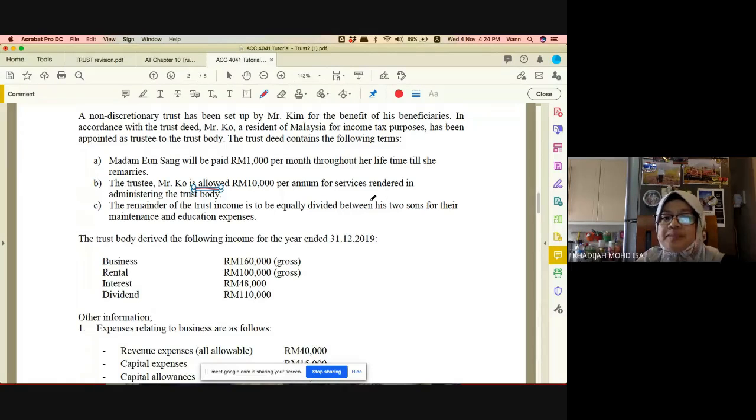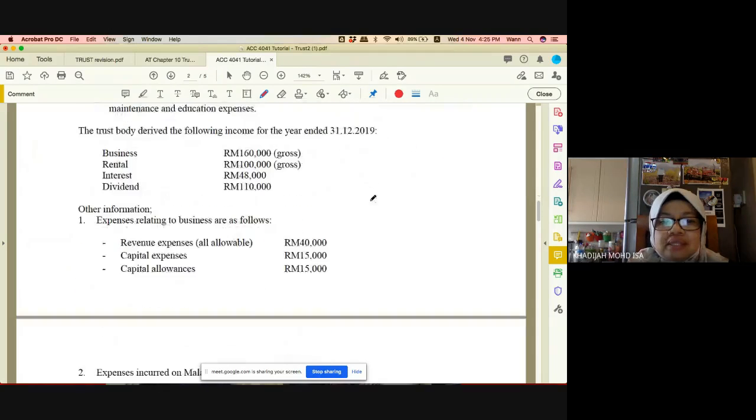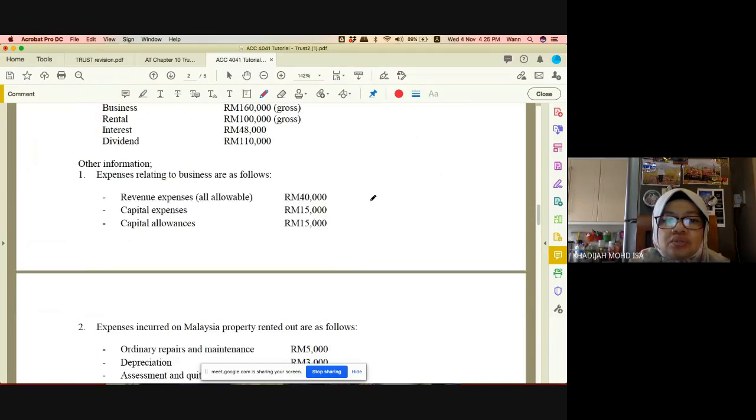Mr. Ko can receive 10,000 ringgit per annum for his services, but that amount is not allowed to be deducted in arriving at your total income based on the Income Tax Act. The remainder will be equally divided between two sons for their maintenance and education. So in this case, you have to compute business, rental, interest and dividend, and you are also given expenses.